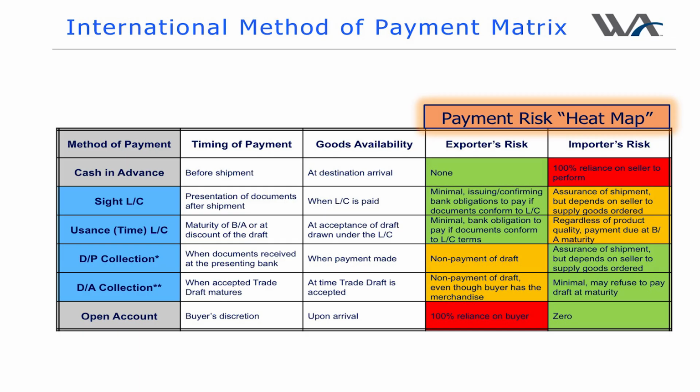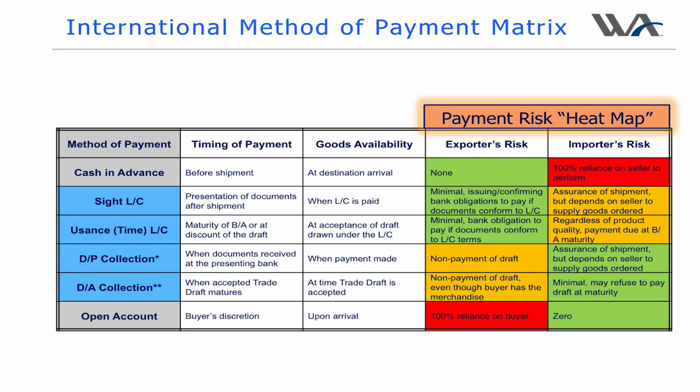Your bank delivers the documents to the buyer's bank, and they collect the payment from the buyer and release the title documents to them at that time. So you're assured that they don't get the goods until they've been paid for, and then you receive the payment through the banking system. And again, that can be done either at sight or under usance.